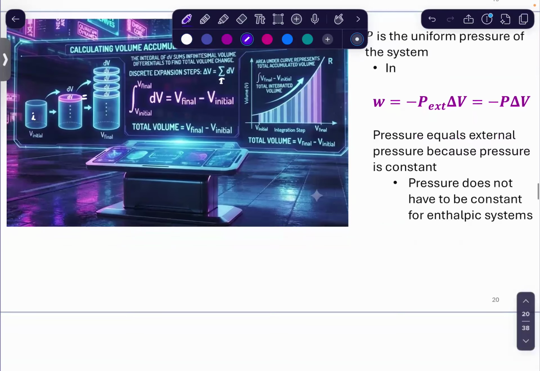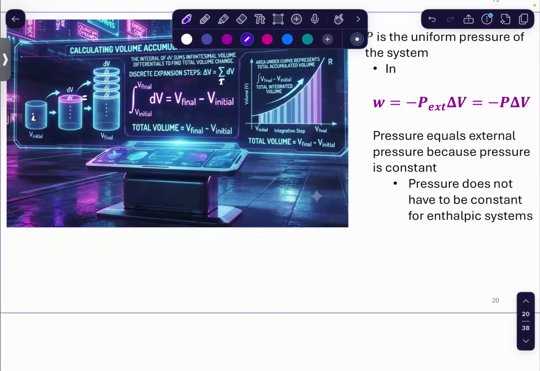So your integral is essentially taking an infinite sum of all these little differentials till you get from volume one to volume two.